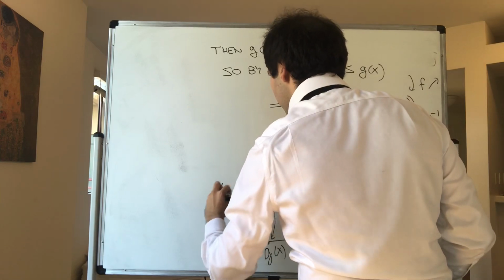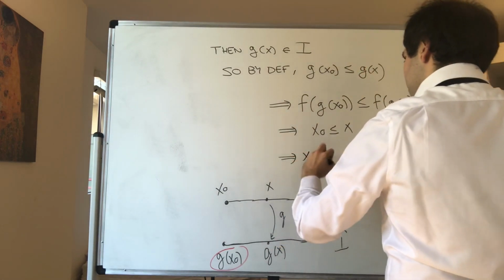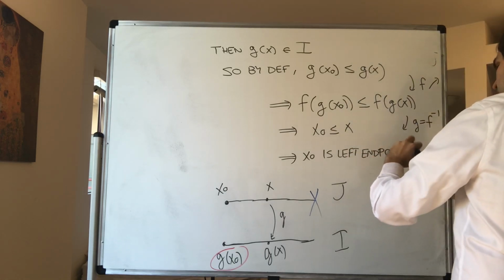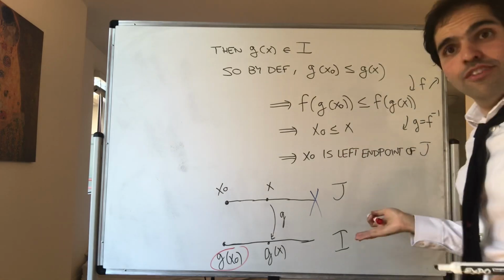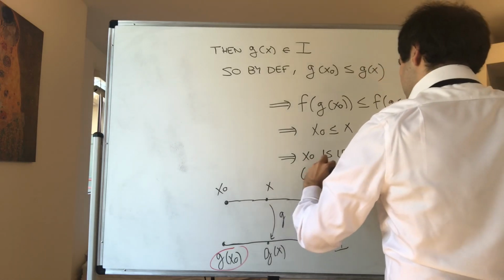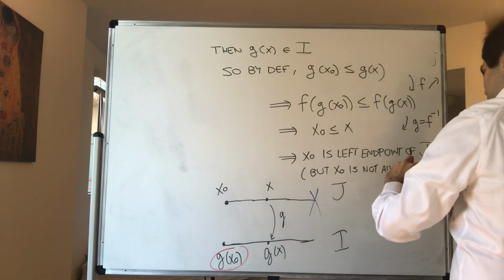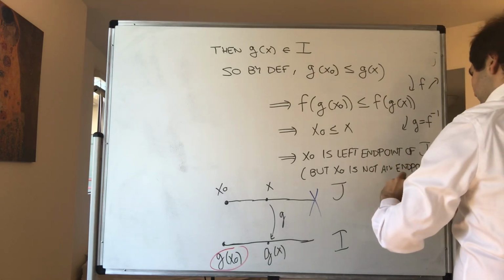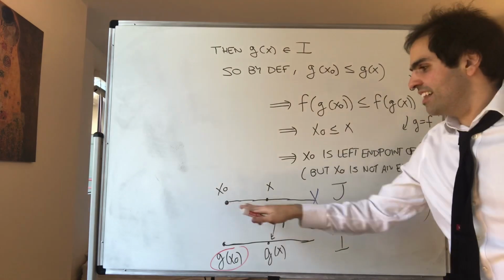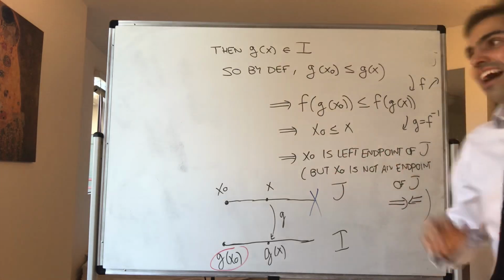This could only happen if x naught is the left endpoint of J, which contradicts the fact that x naught is not an endpoint of J. That's a contradiction, and therefore g of x naught is not an endpoint, and in particular it must be inside of I.